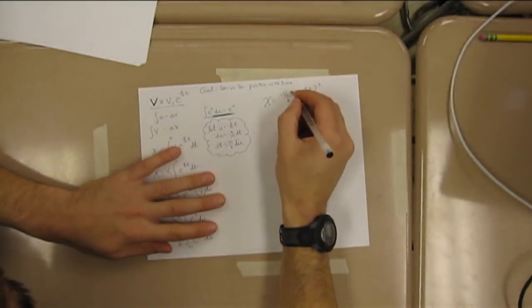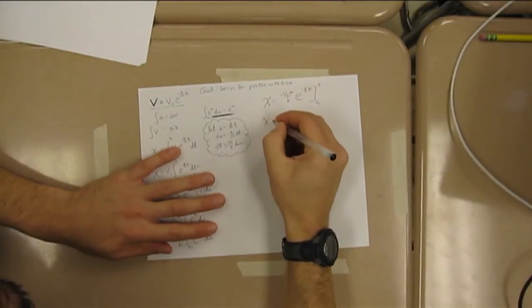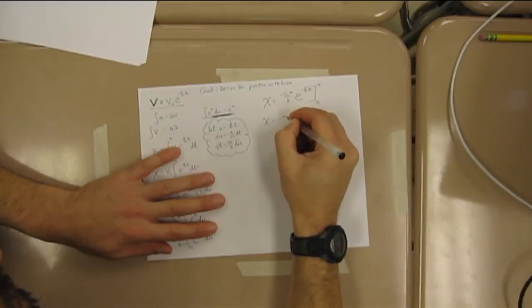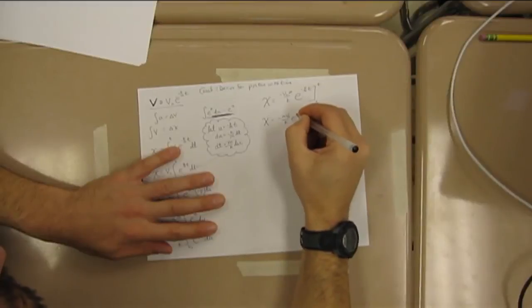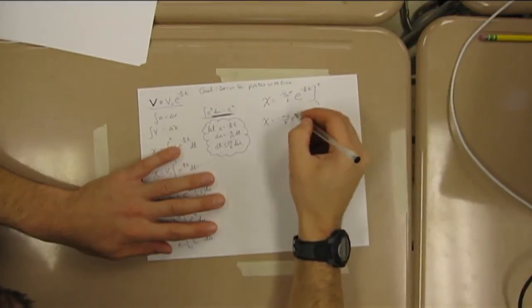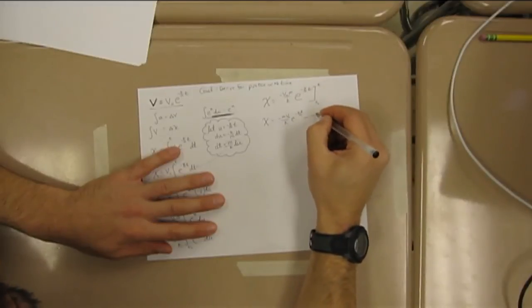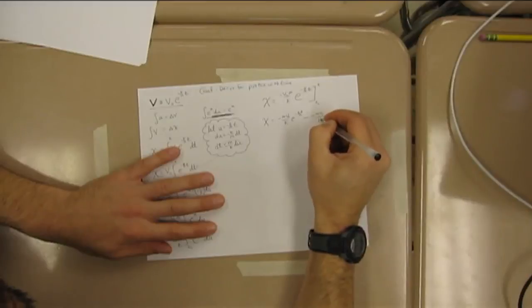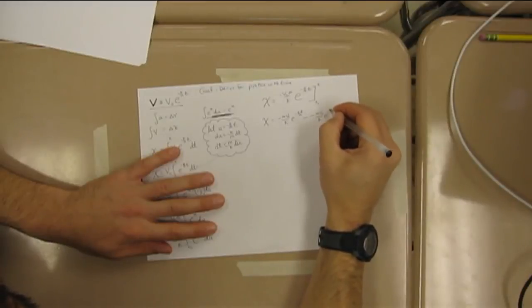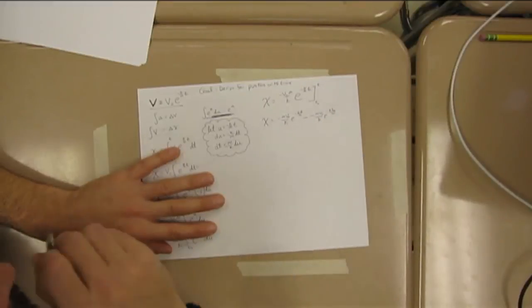I'm going to actually move this over here. I don't know, that's the way I have it in my notes, but m V0 over k, and that's e to the minus k t over m, that's t final, minus a minus m V0 over k e to the minus k t0 over m. That's final minus initial.